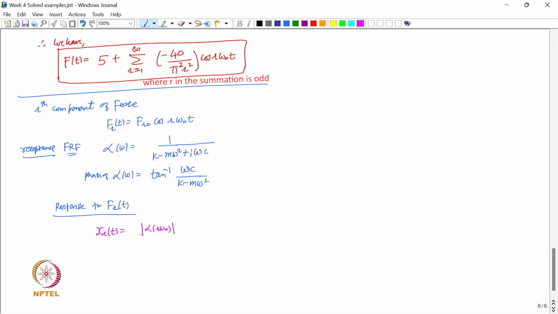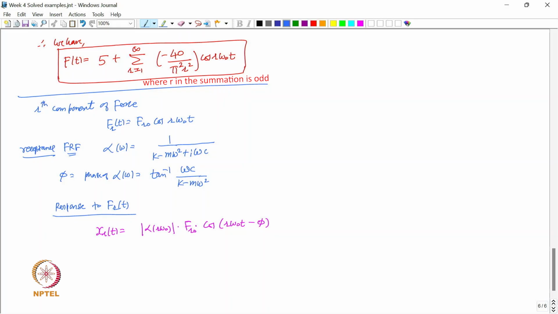So, at that frequency you have to take the magnitude, and then the phase: cos(r omega naught t minus phi), whatever phase we get, let us call it phi. So, this phi is actually this phi. So, that gives us the expression for x_r(t), right.